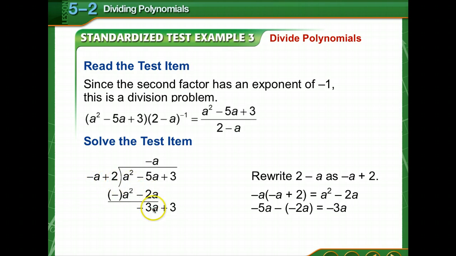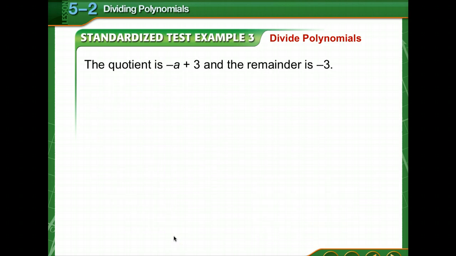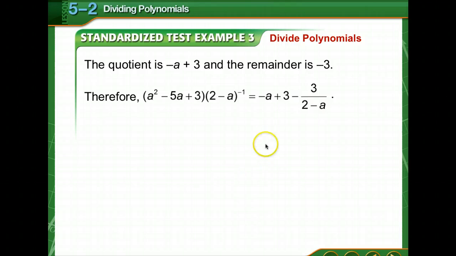Negative a goes into negative 3a 3 times. 3 times negative a is negative 3a. 3 times 2 is 6. Now we're going to subtract them from each other, and we get a remainder of negative 3. So our answer, we got the negative a plus 3 with a negative 3 over 2 minus a. So the answer is D.